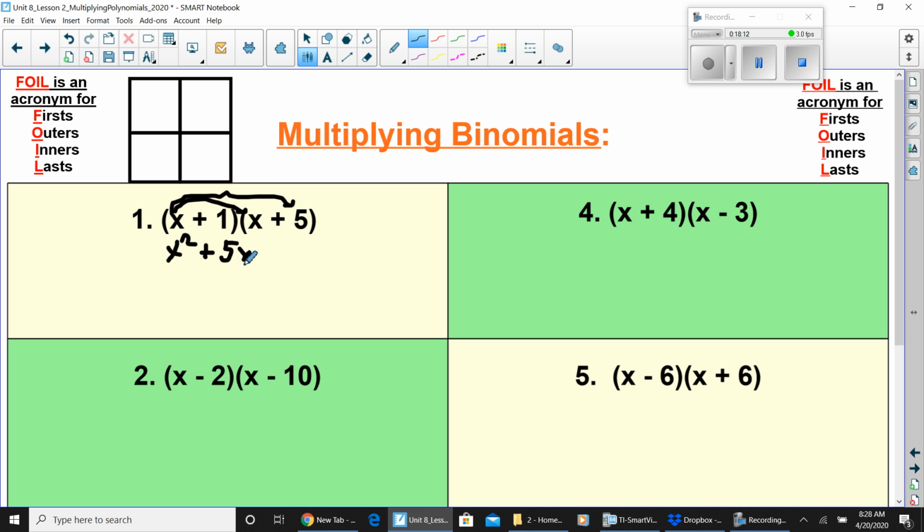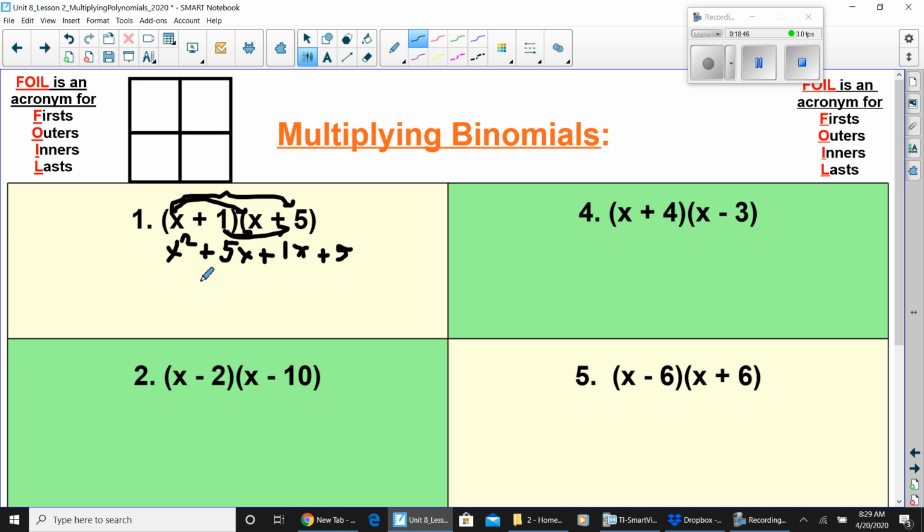You're finished distributing the x. First and outer. 1 times x is 1x. But remember, since you distributed the 1 and the x, the inners, the 1 has to be distributed also to the 5. And that's 1 times 5, not 1 plus 5. That is 1 times 5 is 5.